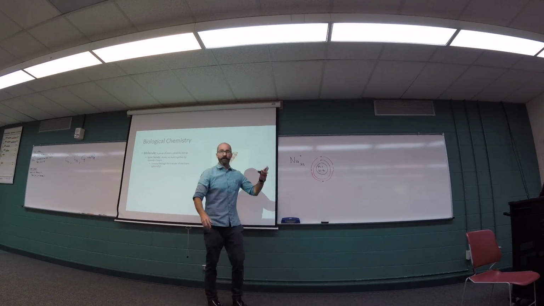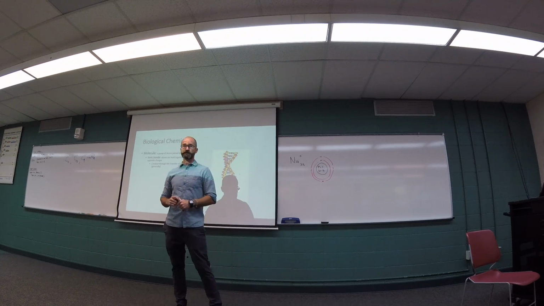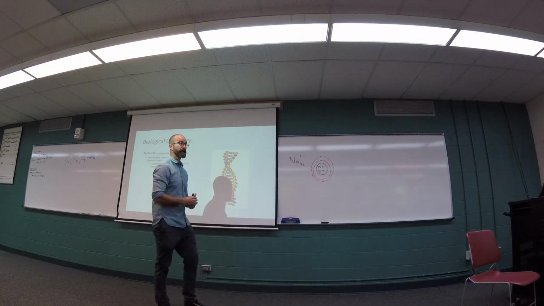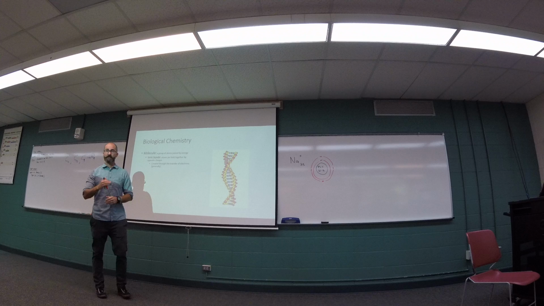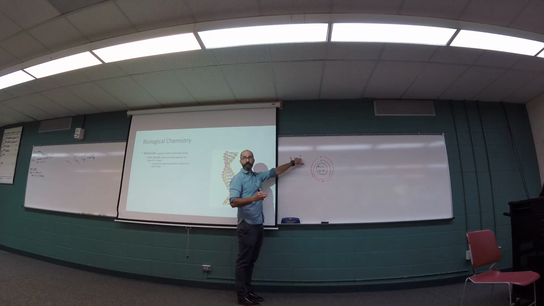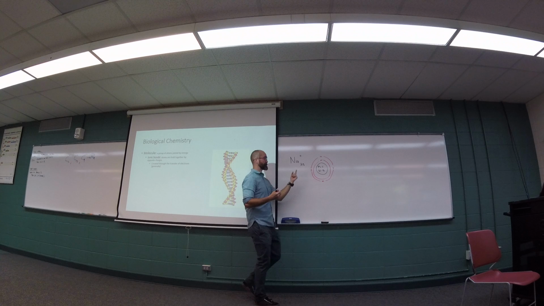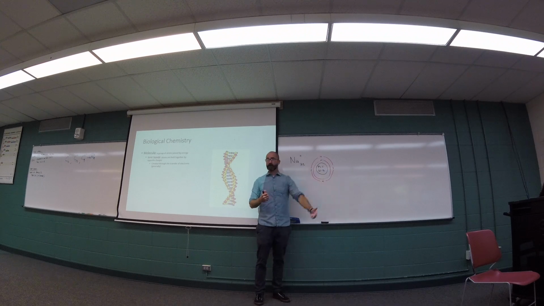So if sodium doesn't carry a charge, how many electrons does it have? 11, right? We know that sodium has an atomic number of 11, and if it's got no charge, it has 11 electrons. Right now we have 10 electrons in this sodium atom.